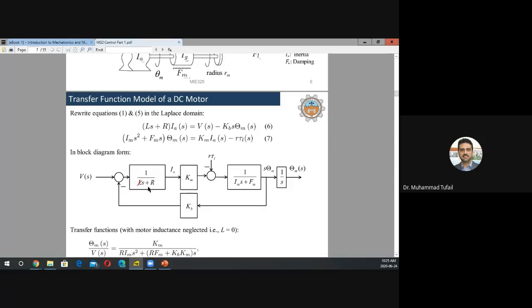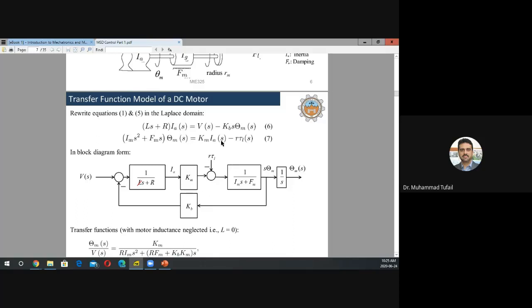Divide that by L s plus R, and you get this I_a. So this part is coming from equation number 6. And now you're bridging these two equations, and the bridge is the current itself. We see the current here as well and here as well. So now we focus on building the block diagram from that point onward.